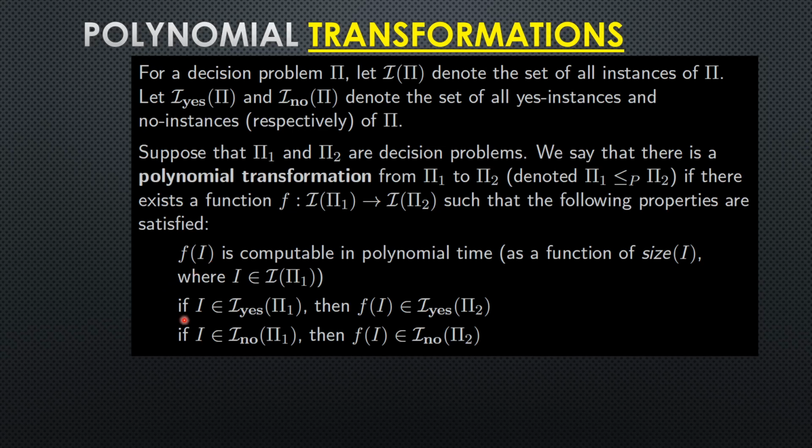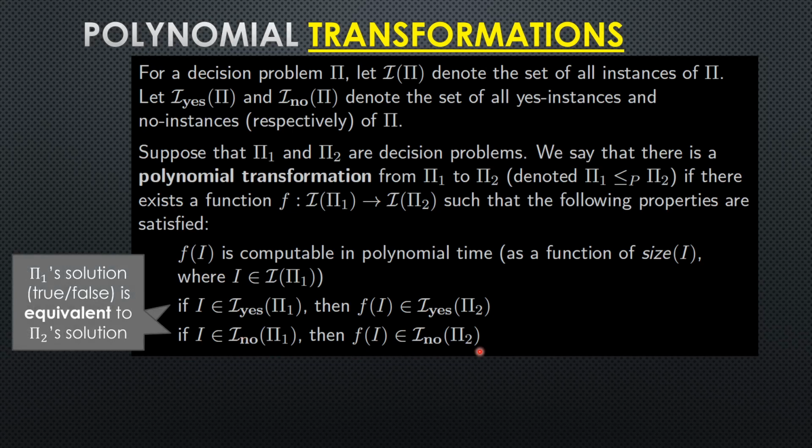Okay, and then additionally, if I is a yes instance of problem 1, then the transformed input should be a yes instance of problem 2. And if I is a no instance of problem 1, then the transformed input should be a no instance of problem 2.